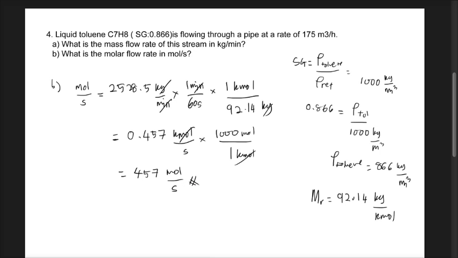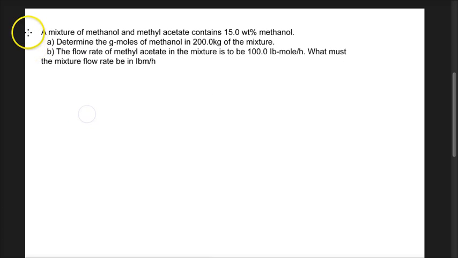We move to the next question. This is question 5 from tutorial 3. This question states a mixture of methanol and methyl acetate contains 15% by weight of methanol. So out of this mixture only 15% by weight is methanol.